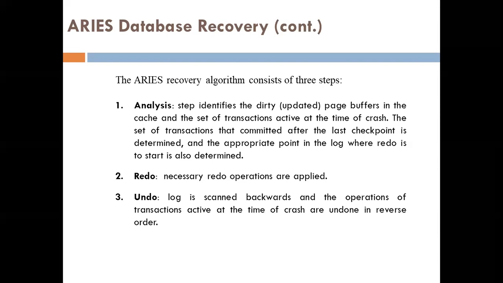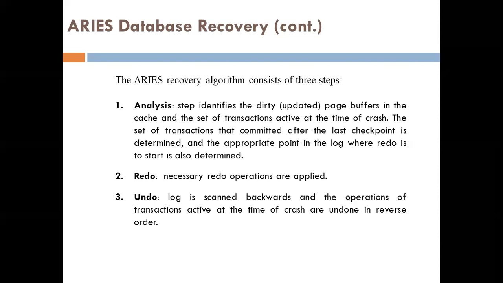Once it is determined from where the redo operations must be performed, so that the database can be brought into a consistent or correct state, the redo step will do all the redo operations on the database by looking at the database log file. Then undo operations will be done.